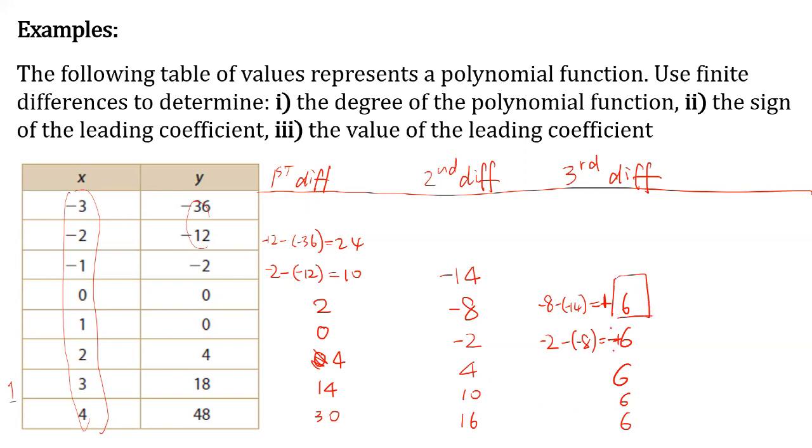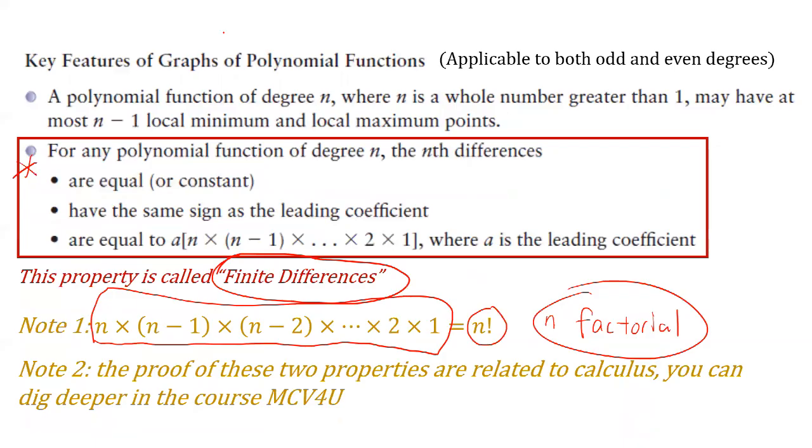So as you can see here, the third difference is already constant, right? So that means the degree of the polynomial must be 3, right? Because according to the property here, if the degree is n, then the nth difference will be constant.